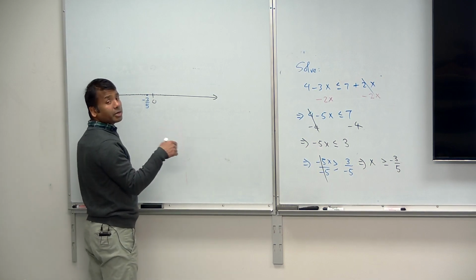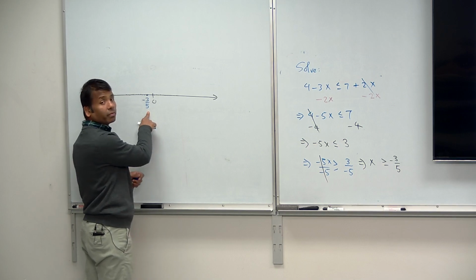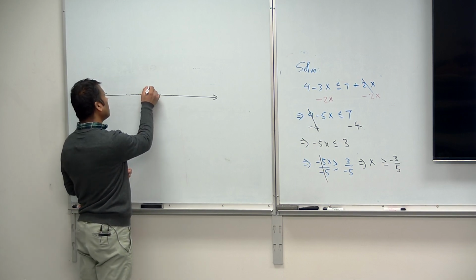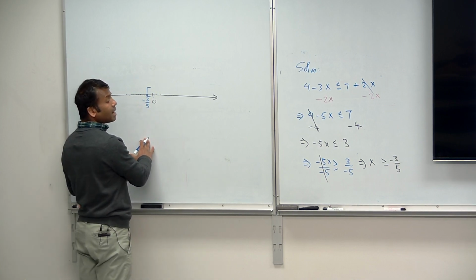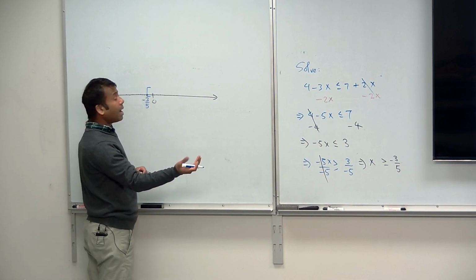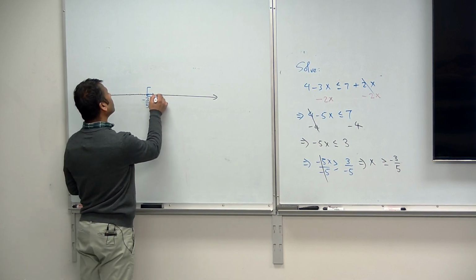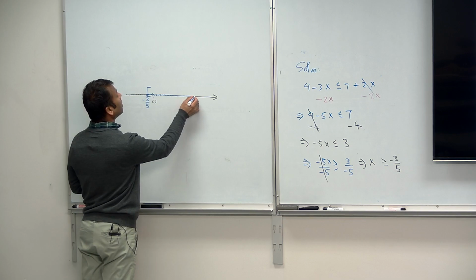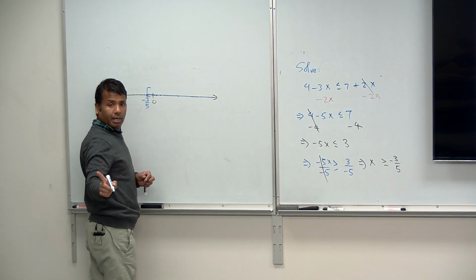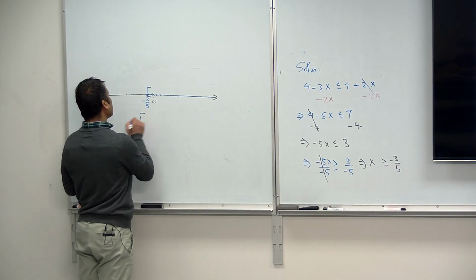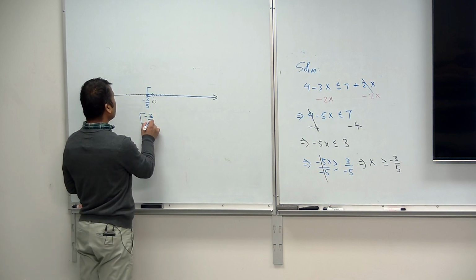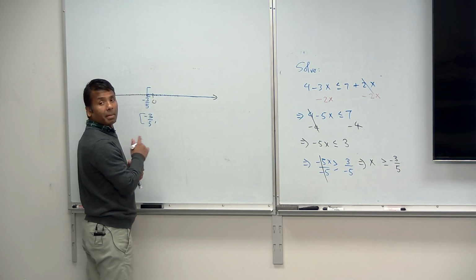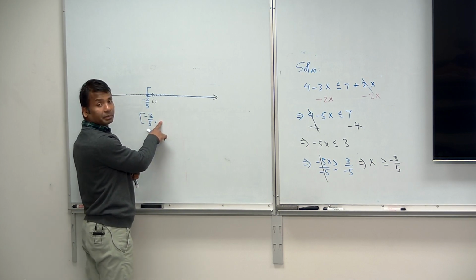So greater or equal to means negative 3 over 5 is also in the solution set, right? It is included. So if it is included, you put the what? Bracket, right? And greater than negative 3 over 5 means the values of x lie to the right of negative 3 over 5. Agree? So bracket, negative 3 over 5, comma, what will be here?